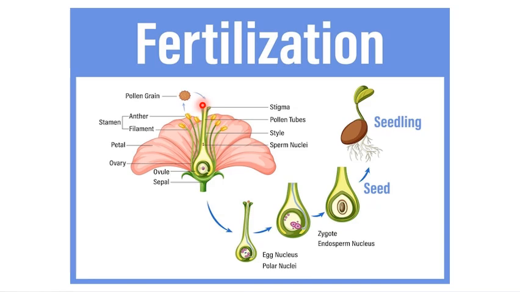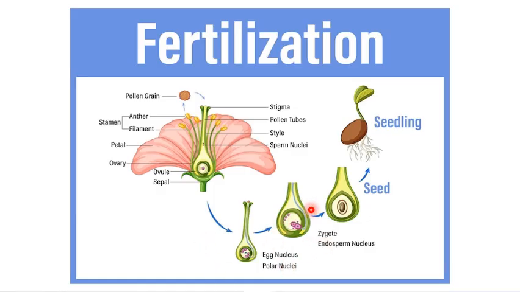When the pollen tube reaches the ovary, it releases the sperm cell. So this is the sperm cell. Only one sperm cell fuses with the egg cell. Just think, only one sperm cell fuses with the egg, and it results in the formation of a zygote.